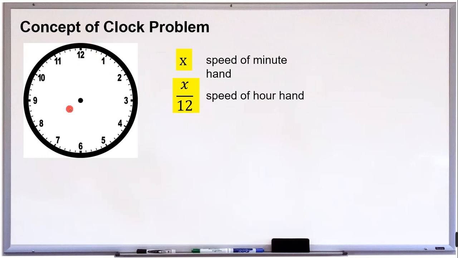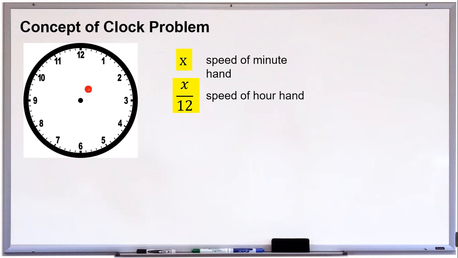Now as you can see here, this is our analog clock. In our analog clock, we have three hands: the minute hand, the hour hand, and the second hand. But for our problem, we're going to focus only on the two hands, the minute and the hour.